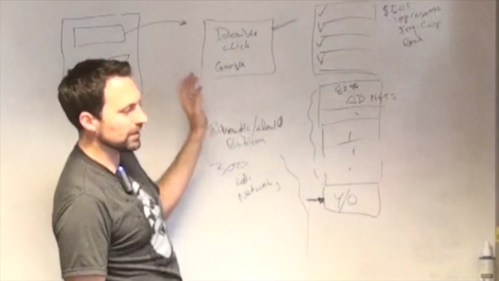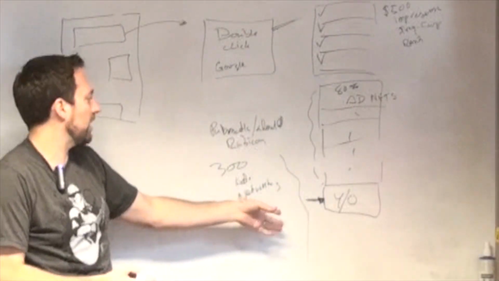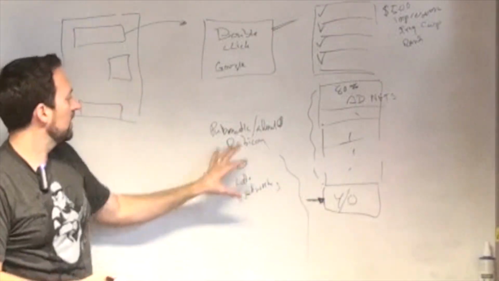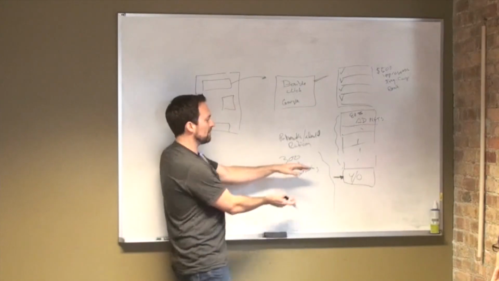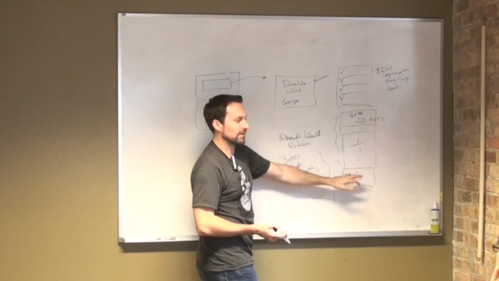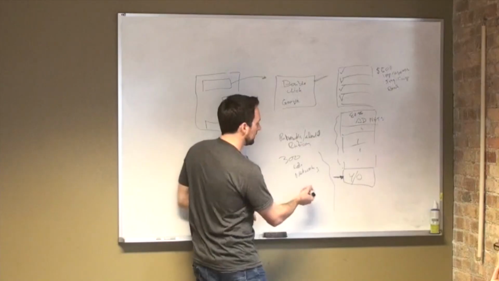Now, not all of them are plugged in for every publisher, but let's say there are 300 ad networks they could potentially plug in. These guys are collecting all the stats on the ad networks every day. And so they're optimizing the order in which the ads get served in this space.